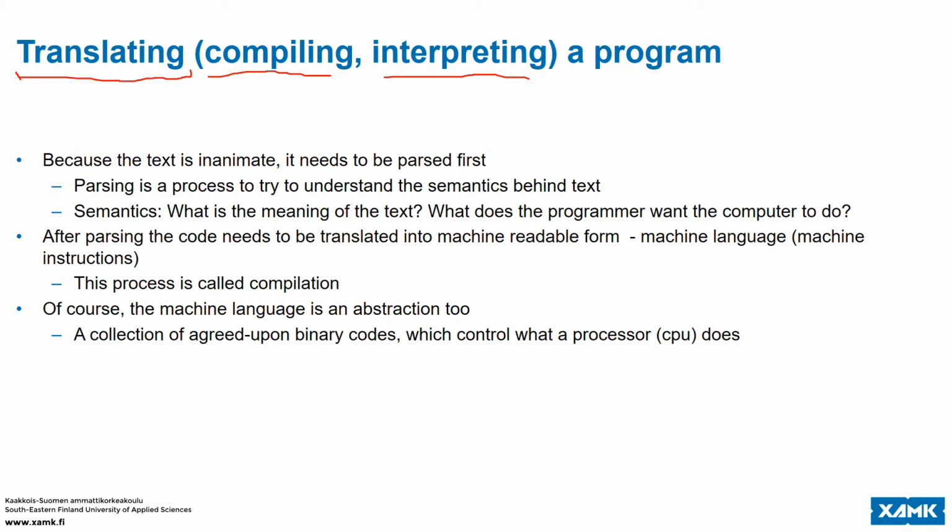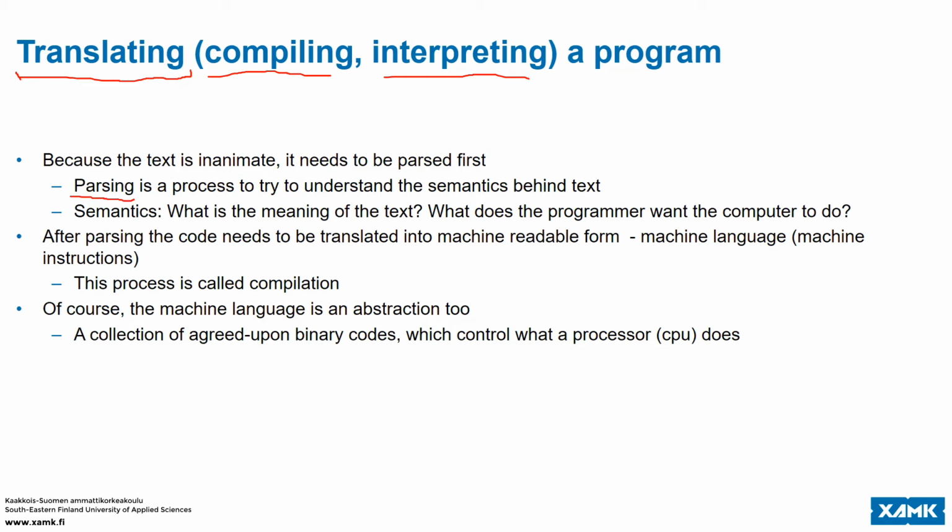So this process, translation: because text itself is inanimate, we have to translate it into something that is no longer inanimate, or at least is less inanimate. And translation happens in a couple of steps. The first of those steps is called parsing.